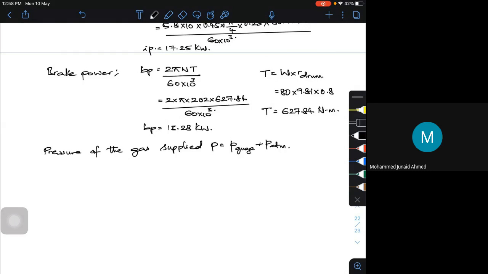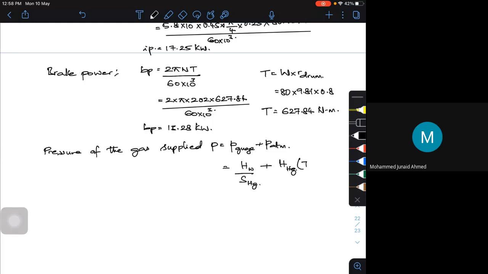So what is the gauge pressure they have given? It is 136 millimeters of water, divided by specific gravity of Hg. What they have given is in terms of H of water, but the atmosphere is given in terms of Hg, which is 760.